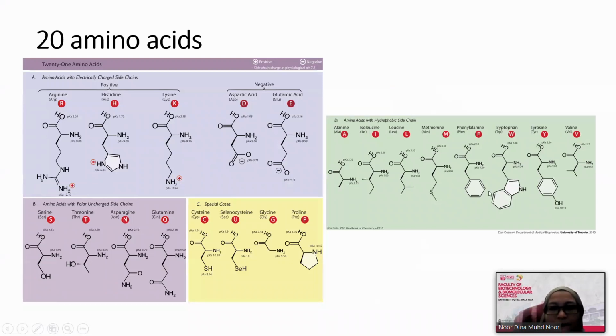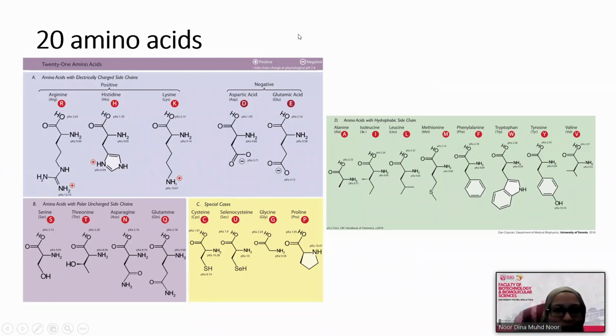This is also very important for you to remember, all these 20 amino acids. It's very easy to memorize all this. You can find many tricks and many tips to memorize all the structures and the properties of the amino acids.